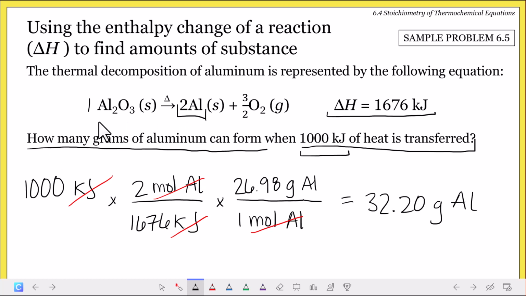Okay, based on the coefficients that we have in this balanced equation, we were able to assume some thermochemical equivalence and use this conversion factor here. For every 2 moles of aluminum, I have 1,676 kilojoules of heat. Once we had the moles of aluminum produced, we determined how many grams that was.